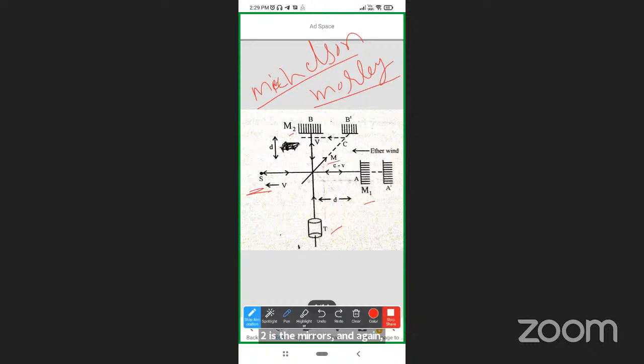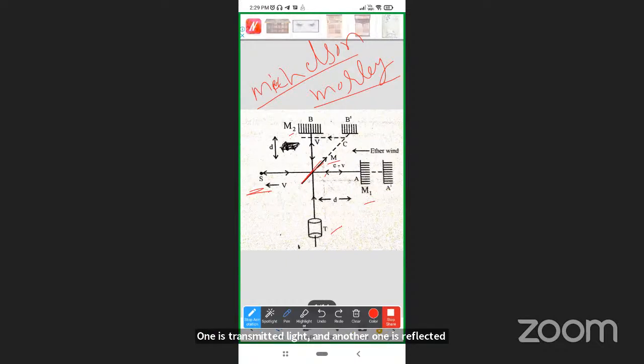This is a silvered glass plate mirror, M, and this plate makes a 45 degree angle with the incident light. This incident light is split into two: one is transmitted light and another is reflected light.